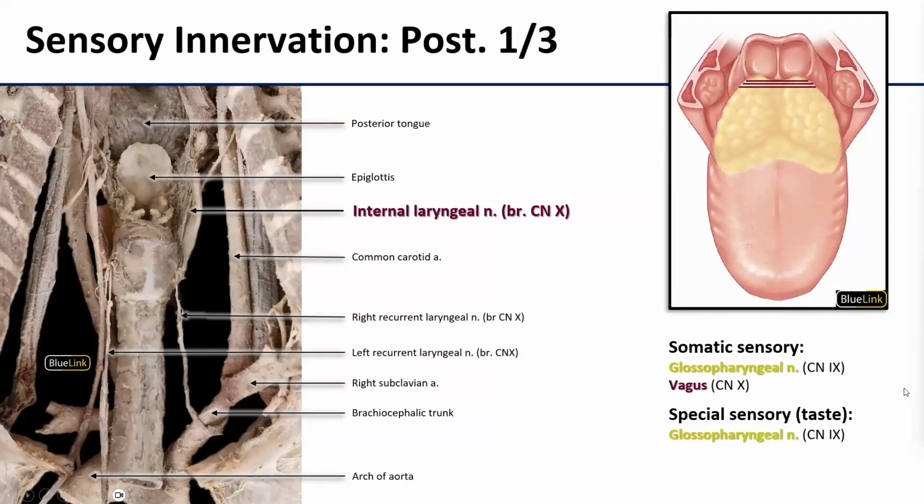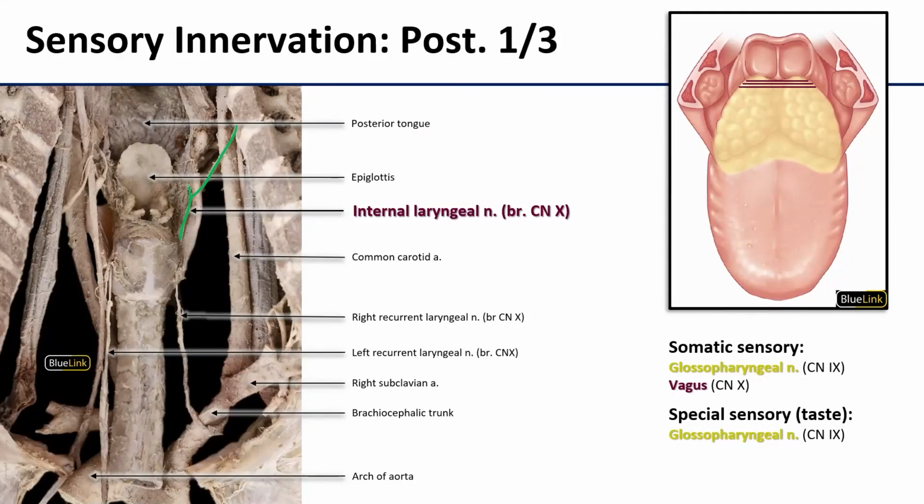And we can find that on here. Give me 1 second to get my pen going. All right, so here is the superior laryngeal nerve up here. It enters into the larynx through the thyrohyoid membrane. And once it's in here, we have the internal laryngeal nerve that is innervating all of the mucosa here that sits superior or proximal to the vocal folds.